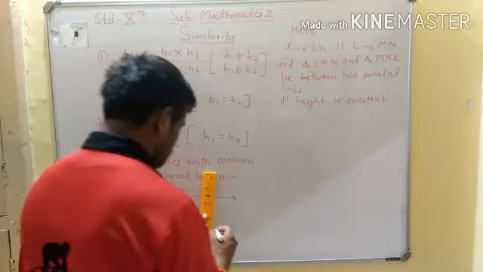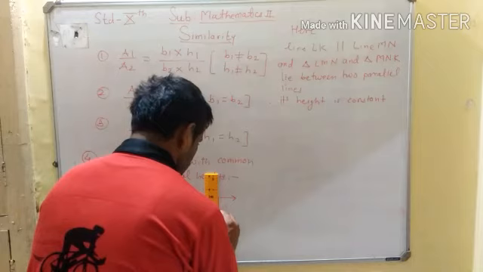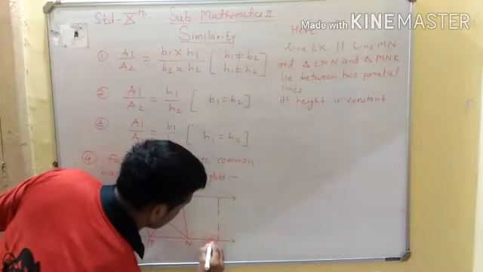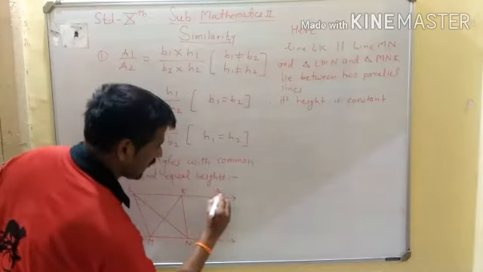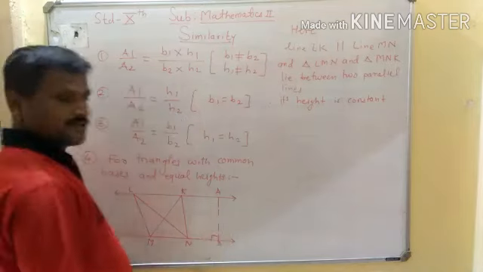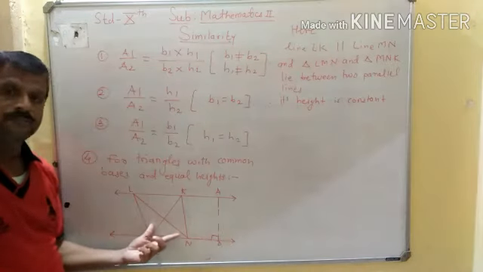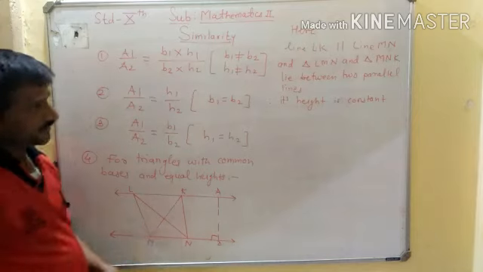Here we construct a perpendicular. Look at here. That is the distance between the two parallel lines. We name it AD, and the segment AD is the same height of both the triangles. Okay.